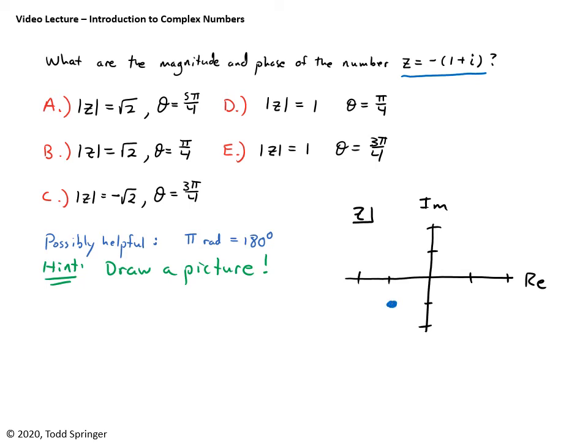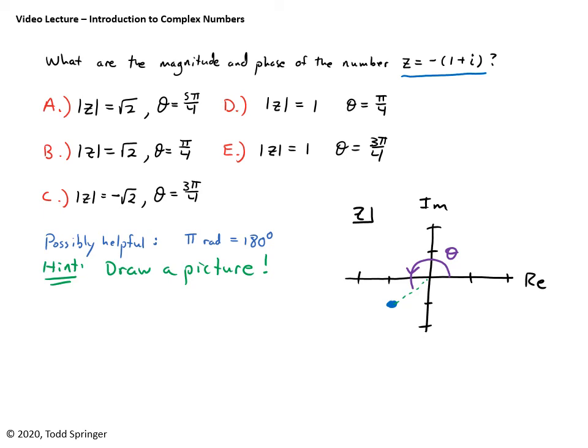So it's down here. Okay. So now I want to know the magnitude, which is basically this length, or the modulus, which is this length, and I want to know the phase, which is this angle measured counterclockwise from the positive real axis. So this is theta.